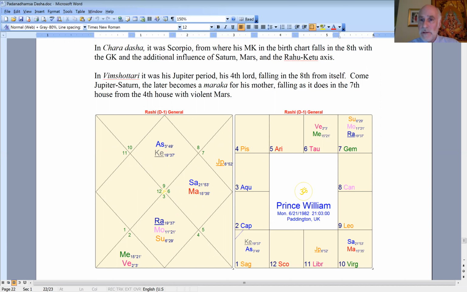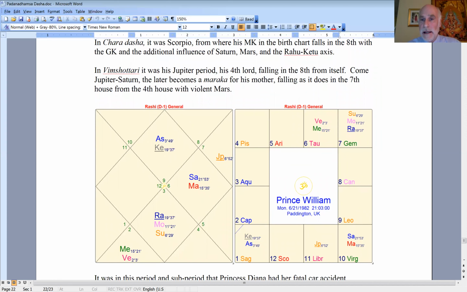And under all malefic influence here, Rahu Ketu axis, influence of Saturn and Mars. It's a very dark moon. It's born around the time of the new moon, and so you can see that Scorpio major period definitely showed this potential for this happening.